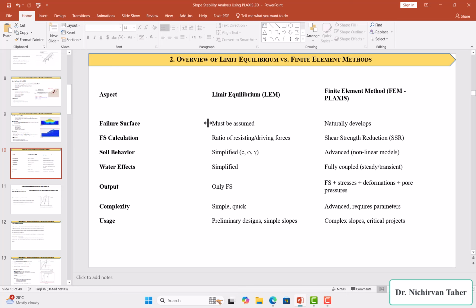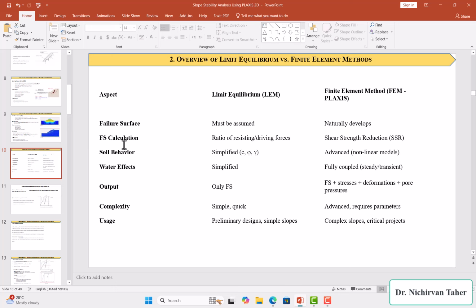So as a conclusion, here we can see the comparison between the limit equilibrium method and the finite element method in PLAXIS 2D for slope stability analysis. As a failure surface, in the limit equilibrium method, the failure surface must be assumed, but in the finite element method, it develops naturally.